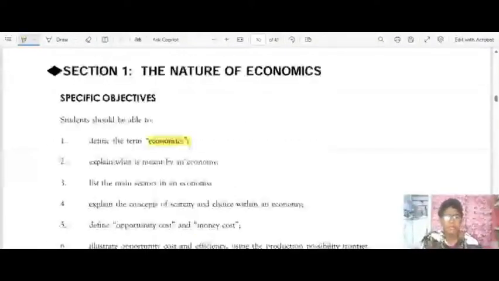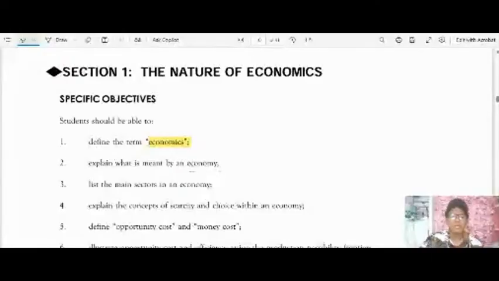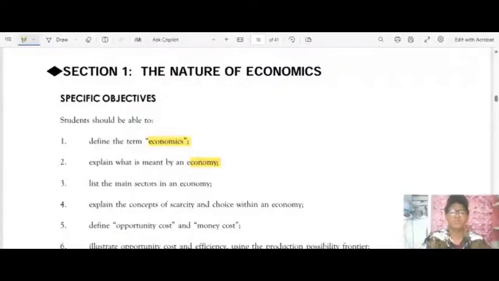You need to understand what is meant by the term economy. Let me put up my notes here so you can take some very important notes. Make sure this is up properly.